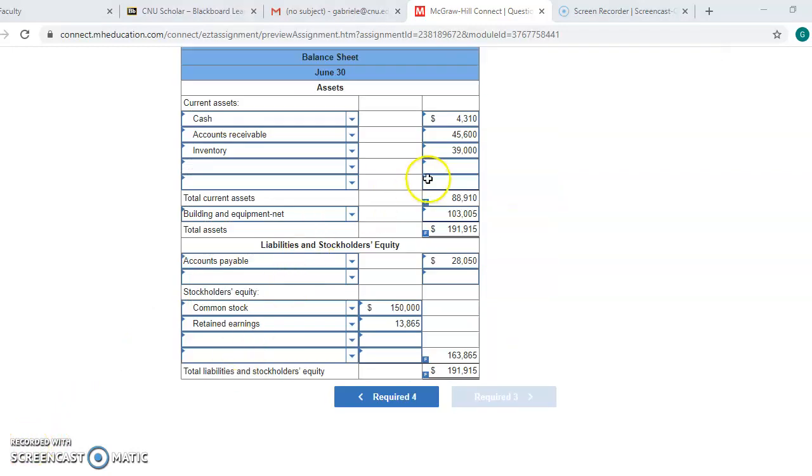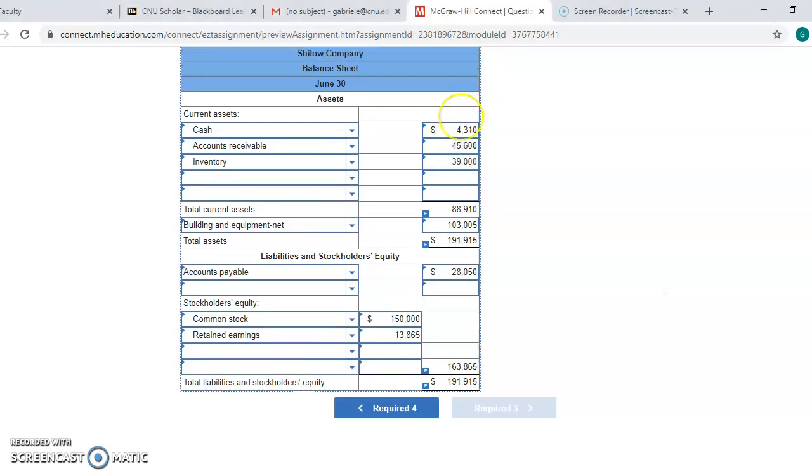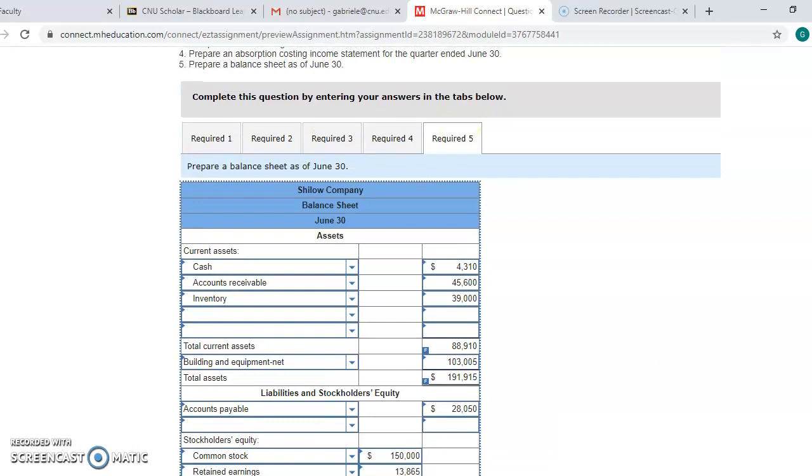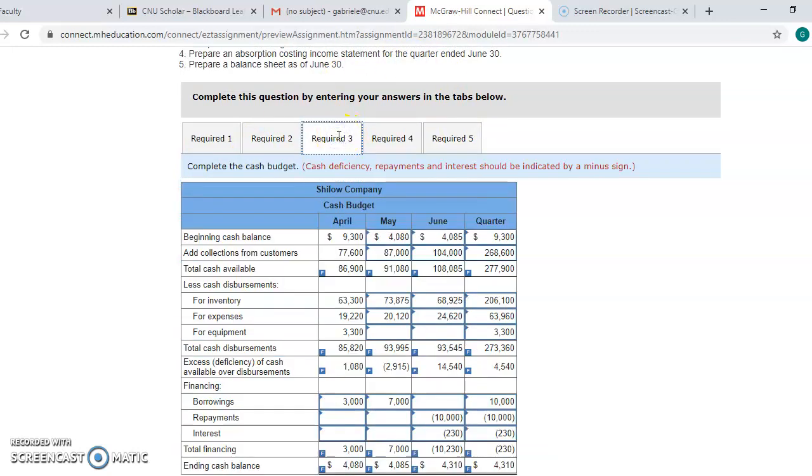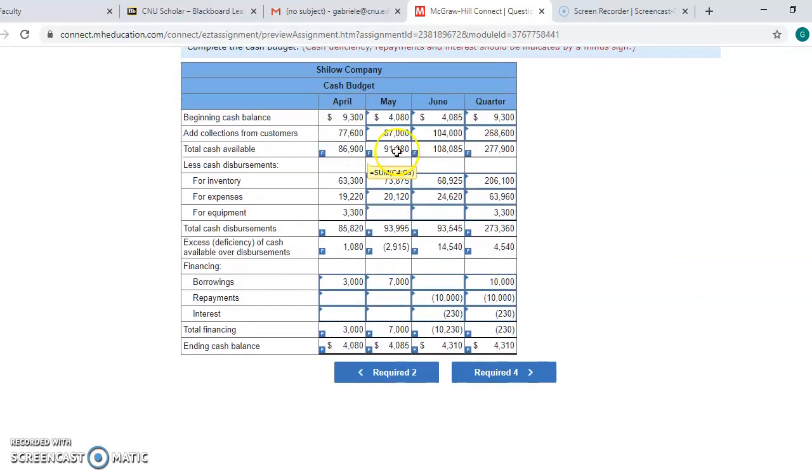The next question had to do with, where do I find these numbers? Well, you again have to go back to your various schedules. We had a cash schedule for the 4,310, and I believe it was this one right here. Yep. End of quarter cash balance, 4,310.